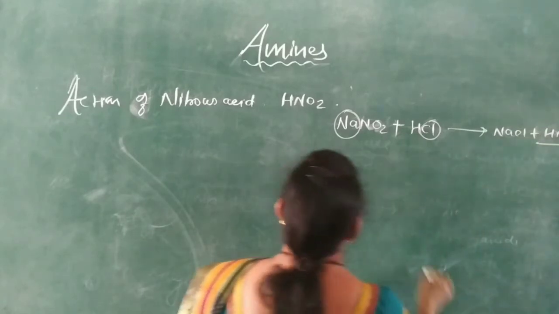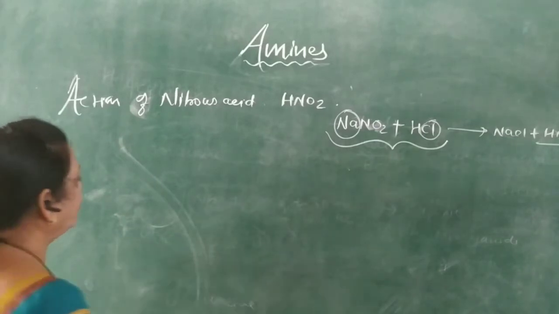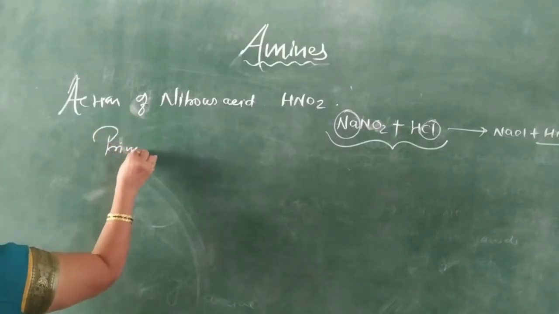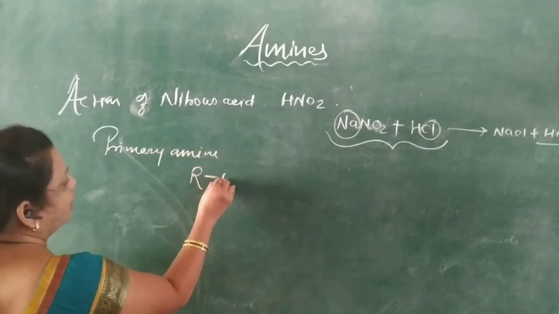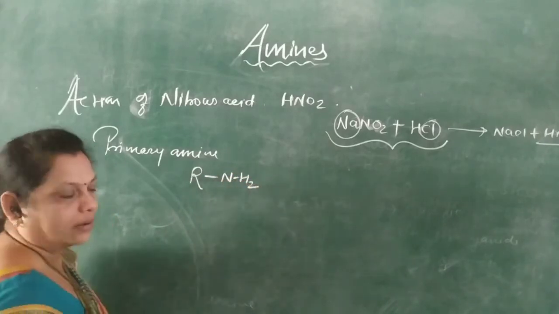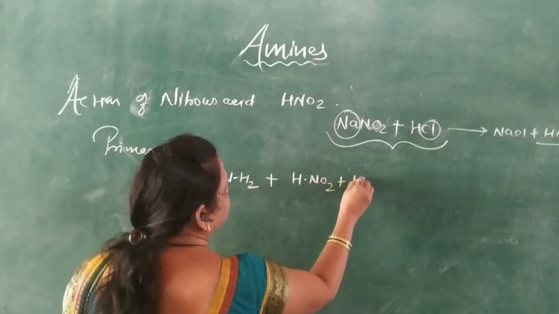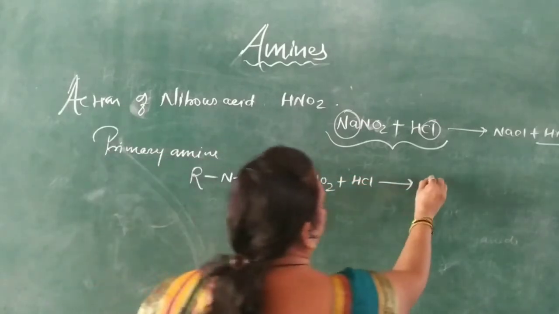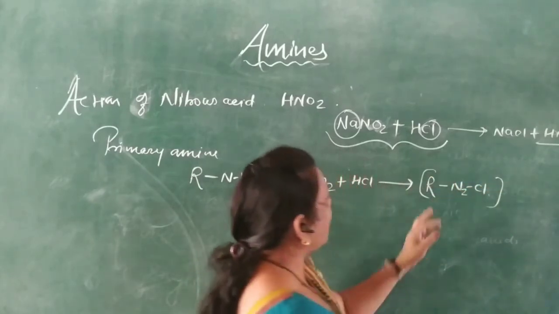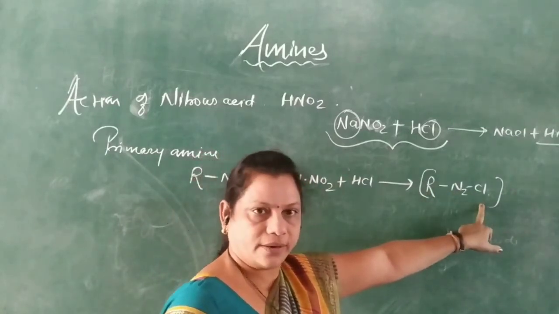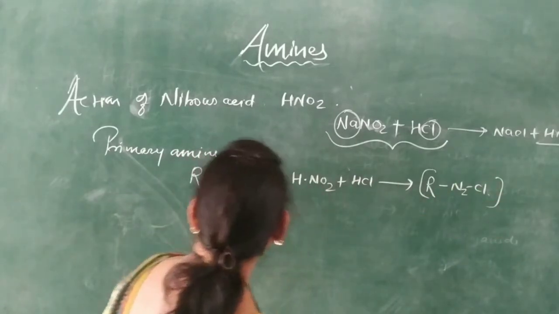With a primary amine RNH2 plus HNO2 plus some HCl, it forms RN2Cl, an alkyl diazonium chloride, plus water.